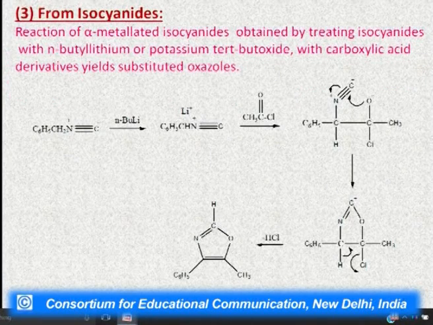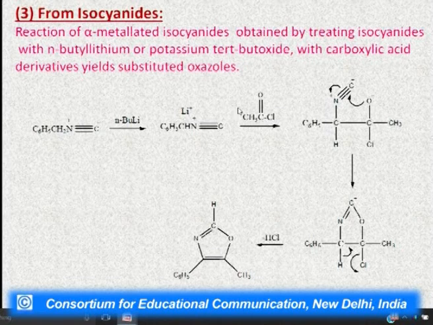These oxazoles can also be prepared from isocyanides. Reaction of alpha-metallated isocyanides, obtained by treating isocyanides with n-butyllithium or potassium tertiary butoxide. This is the metallated salt of this isocyanide.